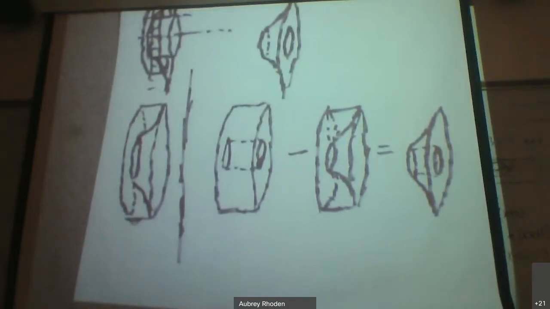So if I can formulate these two problems and subtract them, then it's going to give me the volume that I'm actually looking for. But how to do this?